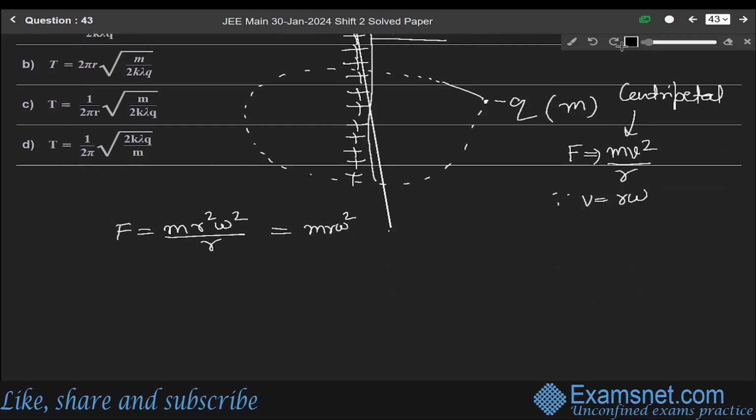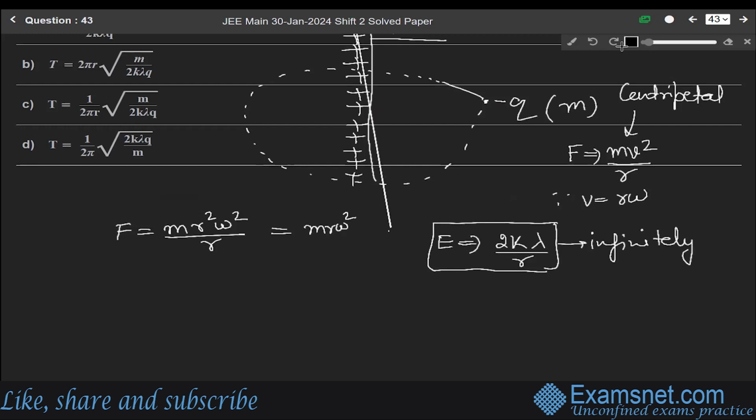Now, for an infinitely long wire, the electric field is equal to 2k lambda over r. This is the common formula for an infinitely long wire. The electric field is given by E equals 2k lambda over r.